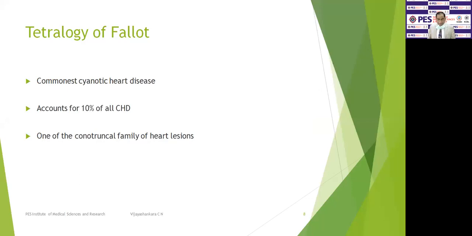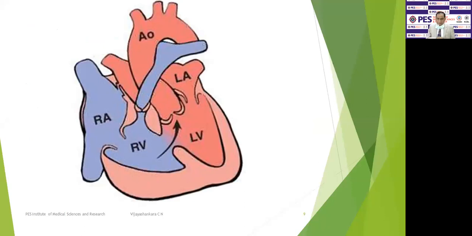This gives rise to tetralogy of Fallot. So these are the components, and you can see that there is an infundibular hypertrophy, and then there is a VSD here, just below the aorta, attached to the aorta. This is the aorta. You can see the VSD here, and the blood from the right ventricle, very little, goes through the pulmonary artery and into the lungs, but most goes directly into the aorta.